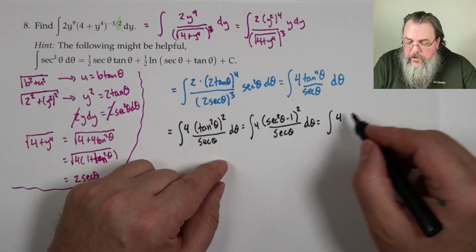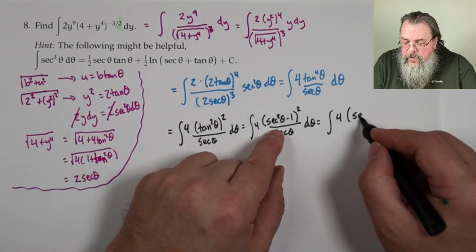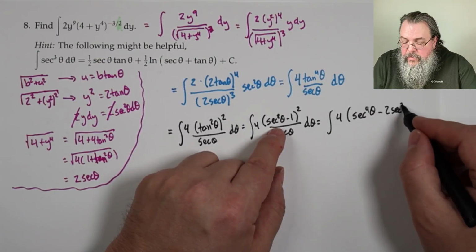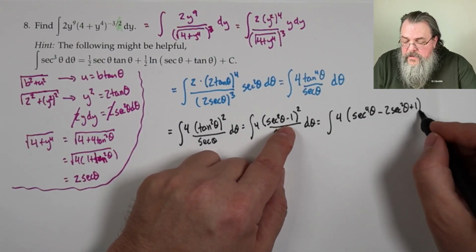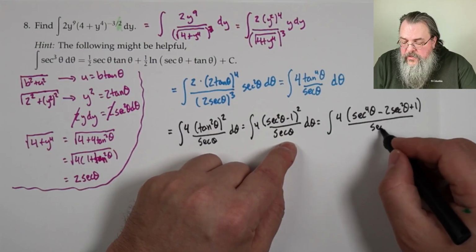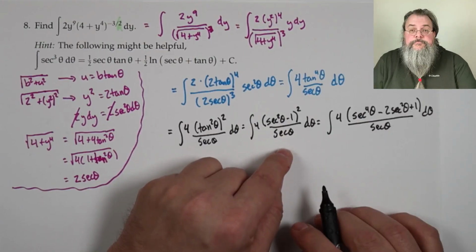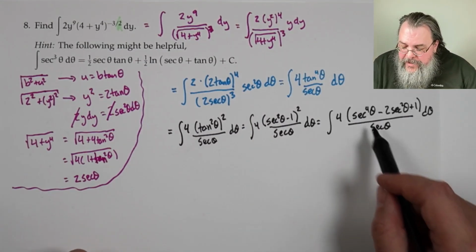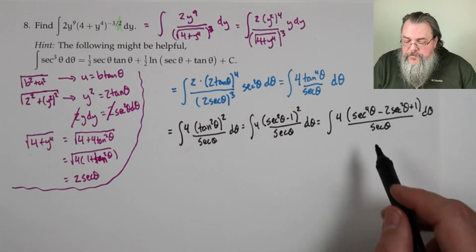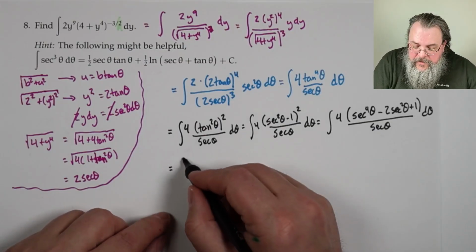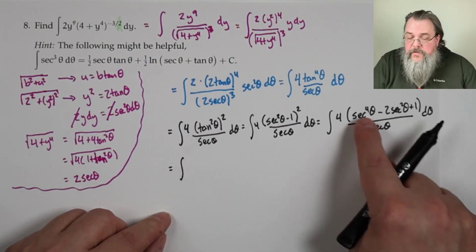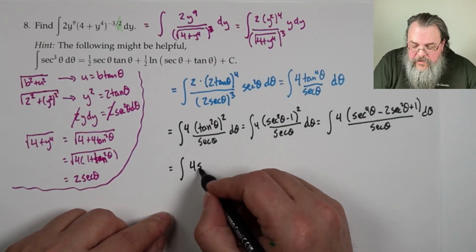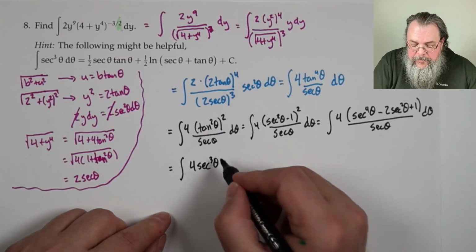So this becomes 4 times secant to the fourth theta minus 2 secant squared theta plus 1, over secant theta d theta. All right, good. Now, let's put the secant under each term. So we have the integral of secant to the fourth divided by secant, that gets us 4 secant cubed theta.